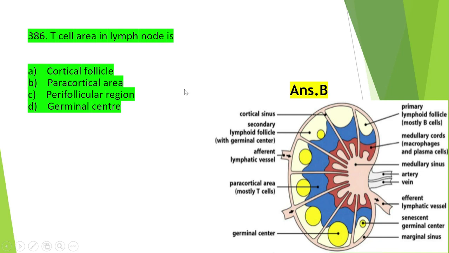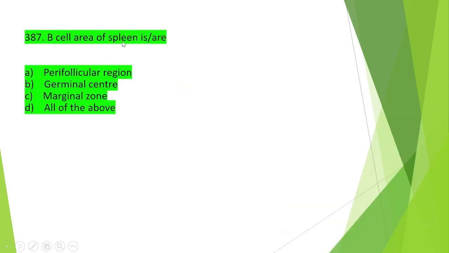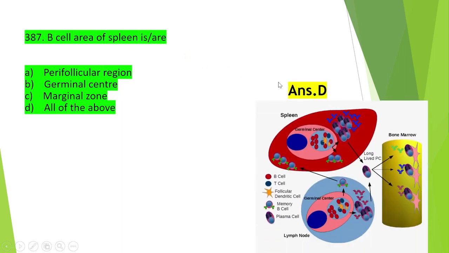Okay, so move on to the next question: B cell area of spleen is or are perifollicular region, germinal center, marginal zone or all of the above, and the right answer is option D, all of the above. So B cell area of spleen is all of the above, that is perifollicular region, germinal center and marginal zone.